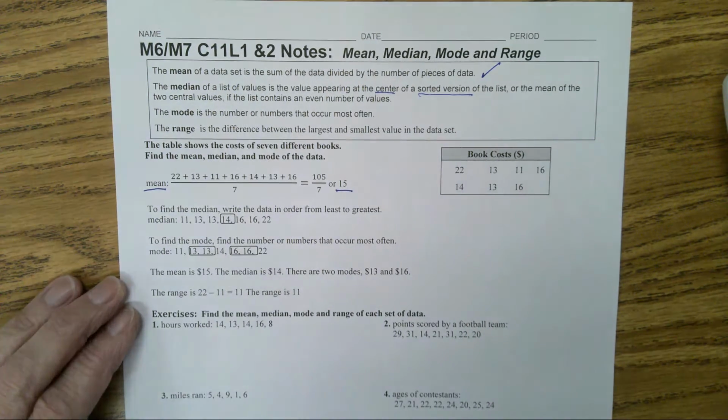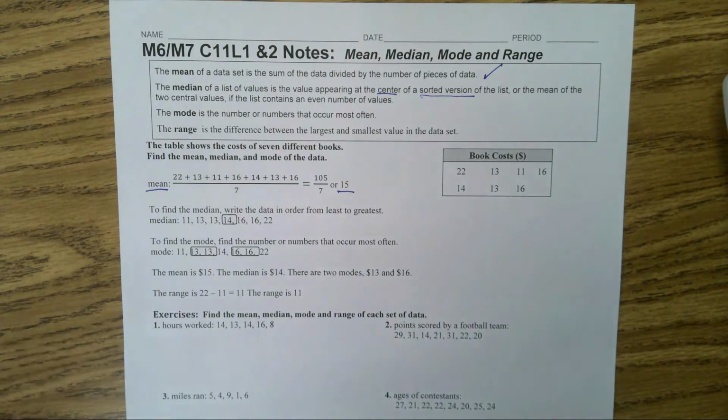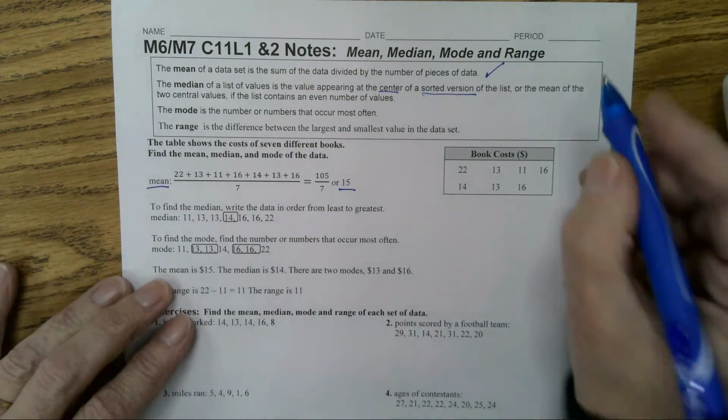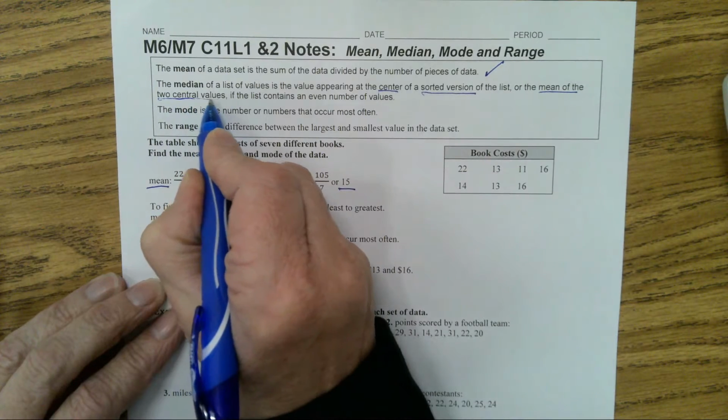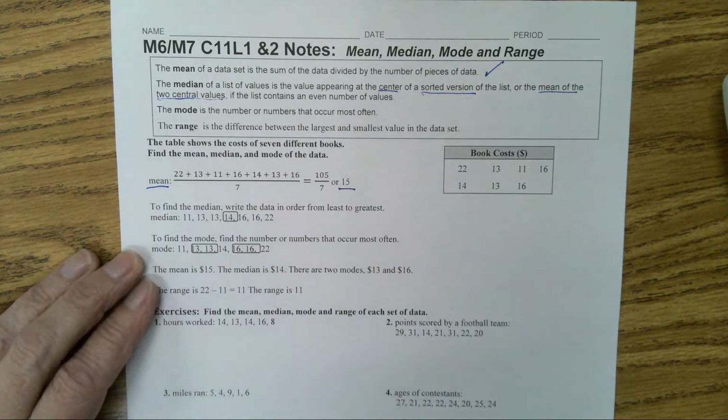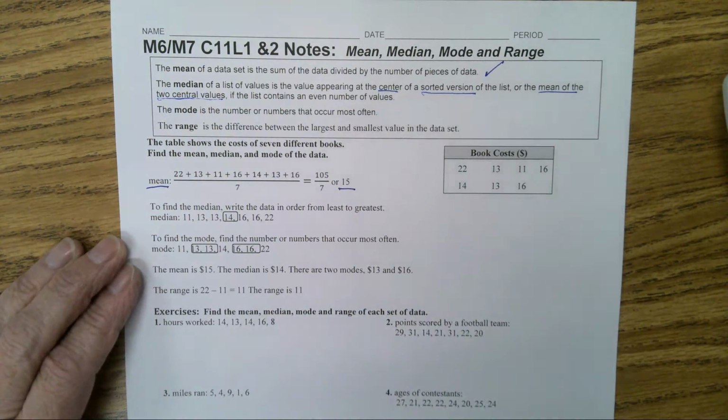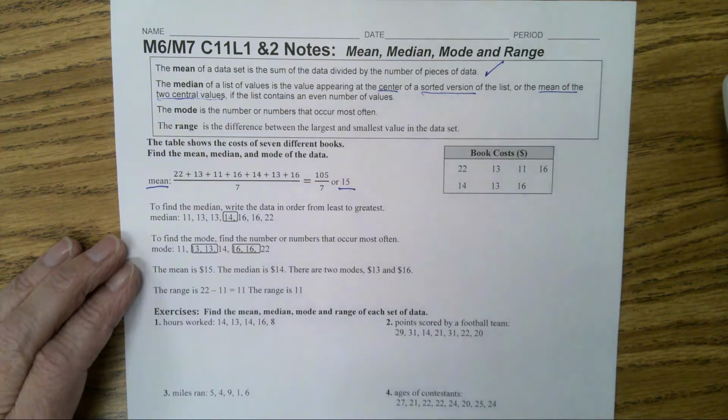Now, if you have 2 middle numbers after you put them in order, what do you do? You find the mean of the 2 center values, or the 2 middle numbers. If the list contains an even number of values, that's what you have to do. So if you have 6 numbers, you're going to have 2 middle numbers. So you add the 2 middle numbers together and divide by 2 to get your median.